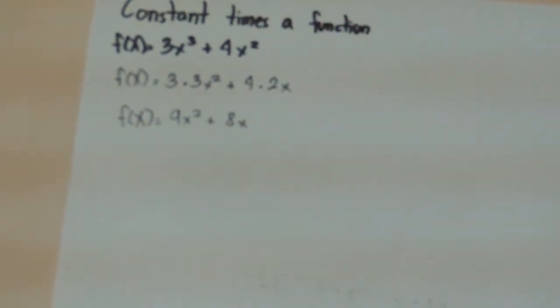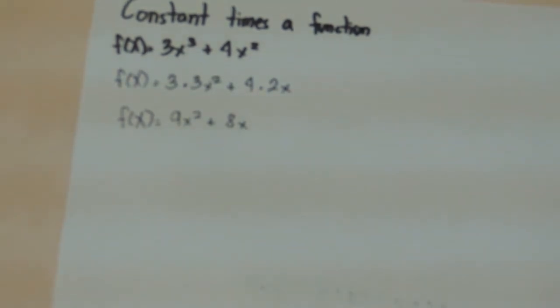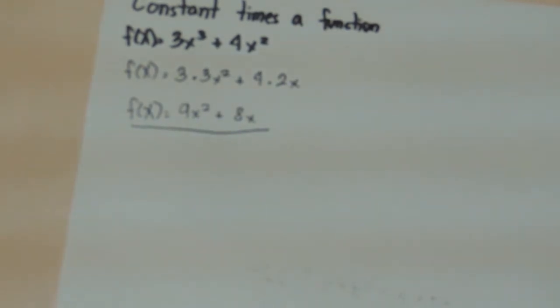We don't have the exponent here because 2 minus 1 is 1. So 8x, because we all know that the exponent of it is 1. So here's the answer, guys: 9x squared plus 8x. That's it.